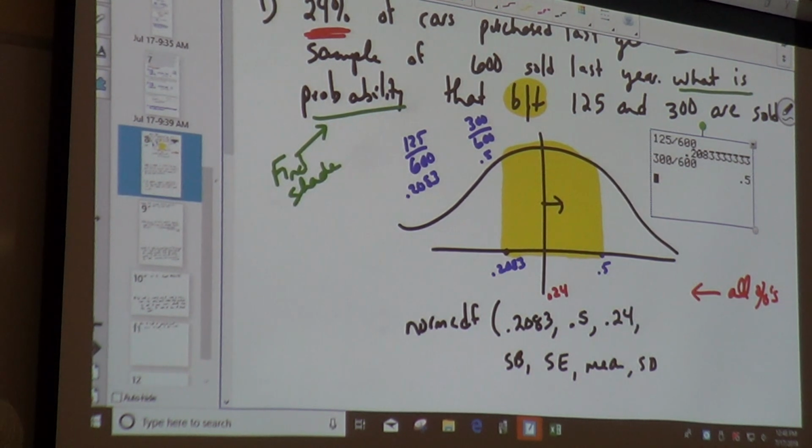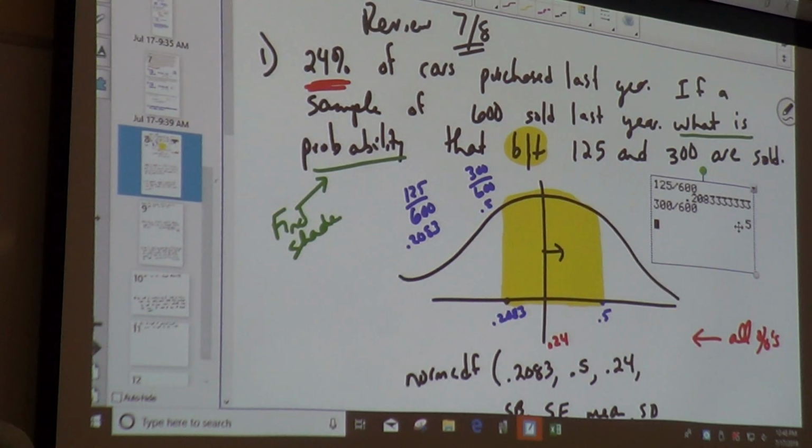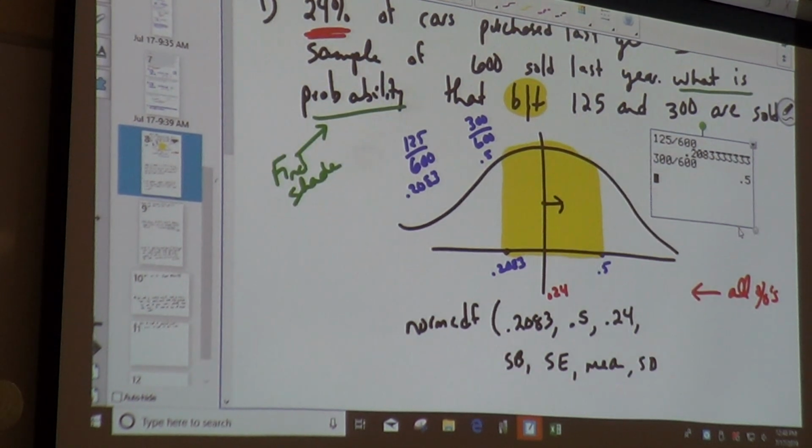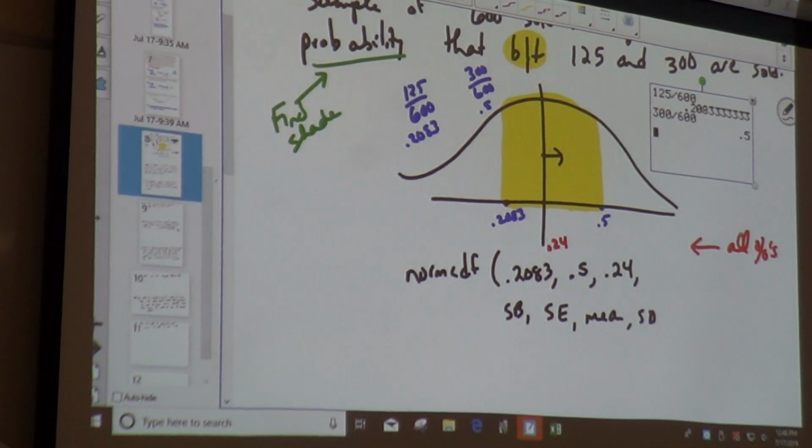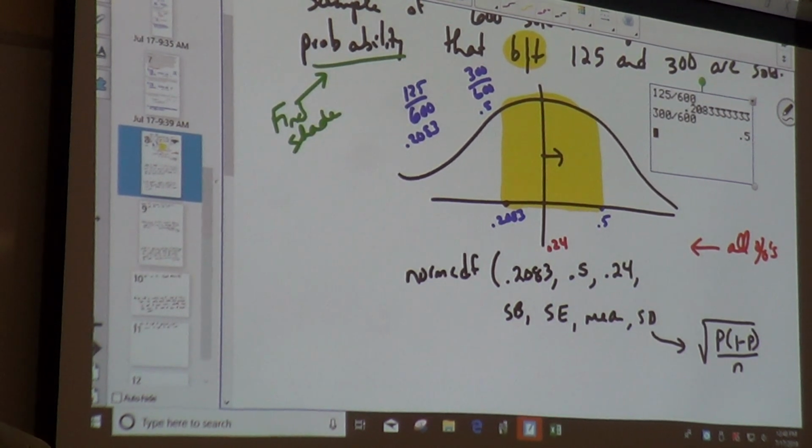Do I know my standard deviation? No. How do I find my standard deviation of a percent problem? My standard deviation is the square root of P, 1 minus P over N.